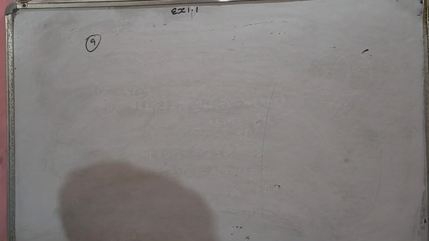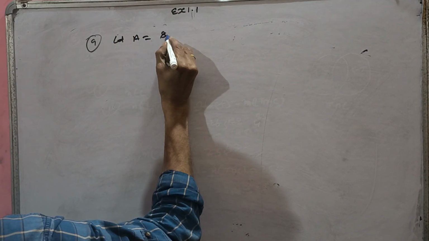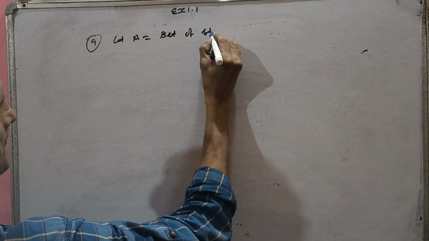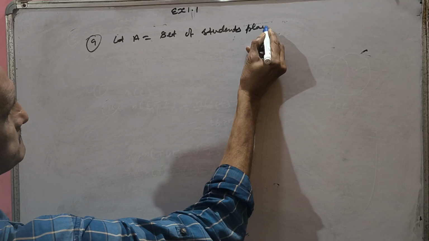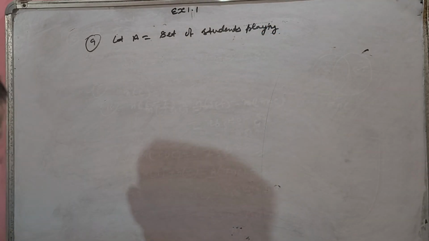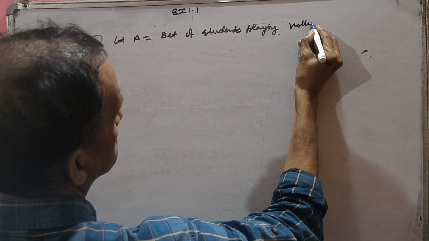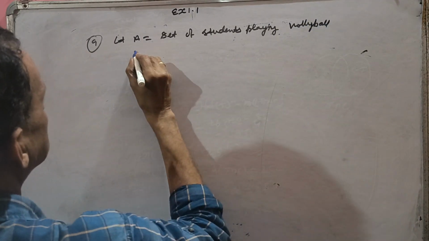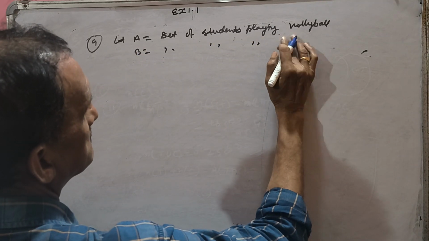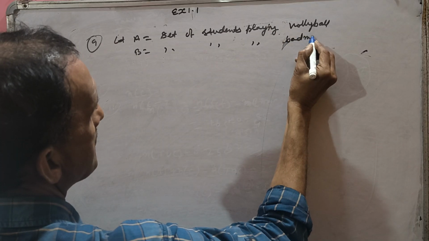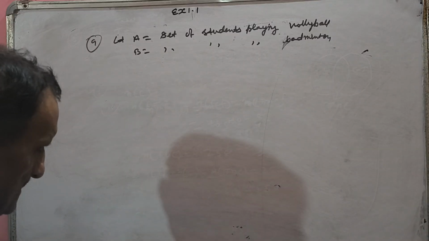Write down, let A equal to set of students playing volleyball. B equal to set of students playing badminton. So what is given?